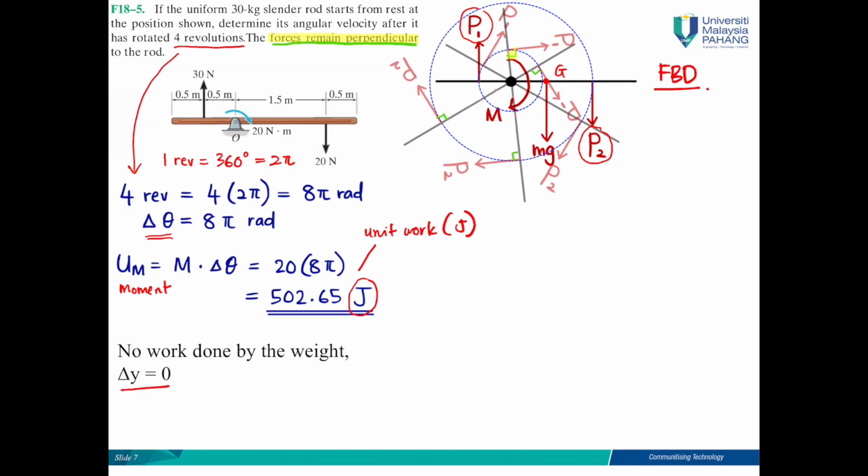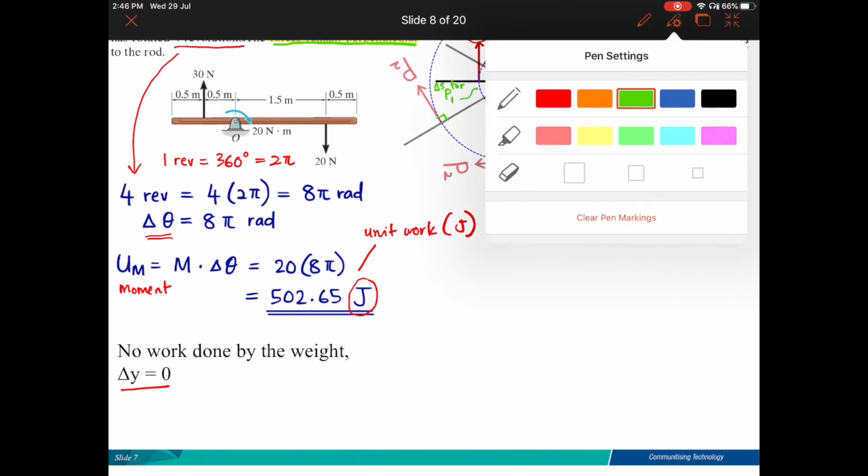So in this case, are these two forces doing any work? Yes, because they remain perpendicular. Therefore, forces P1 and P2 actually travel in a circular path. This is the path, the delta S for P2, and this small circle is for P1, delta S for P1. I'm going to write delta S for P1 over here. So how do we calculate it?